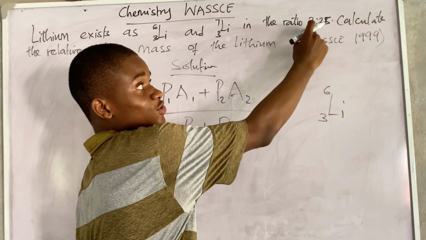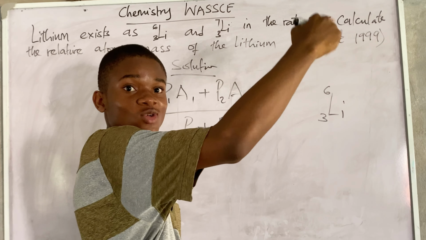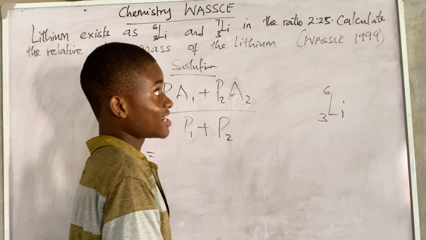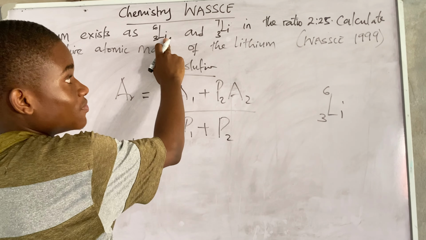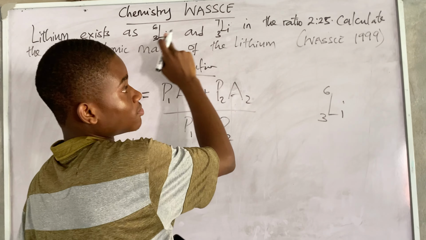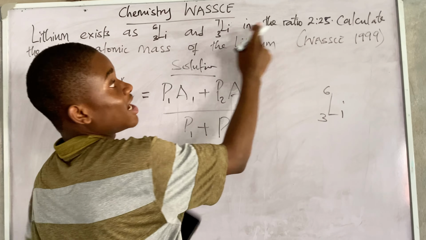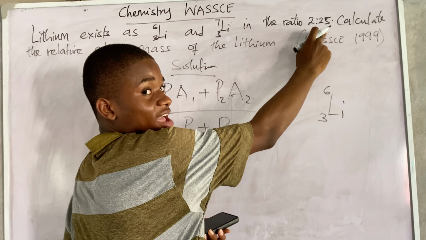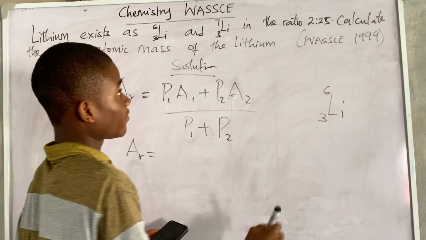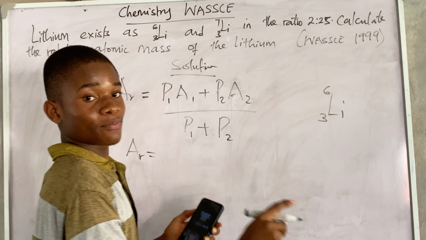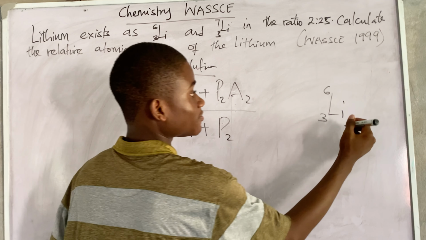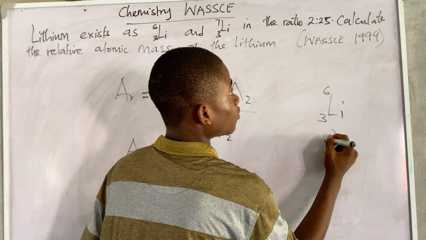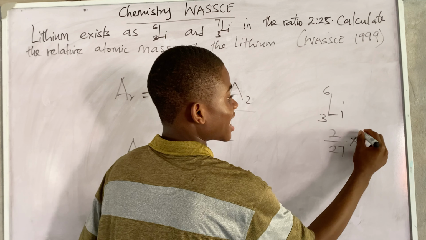Okay? Now we can convert the ratio to percentage. Now the total ratio is 2 plus 25, which is 27, right? So for lithium, the first lithium has 2 and the second lithium has 25. All right? So for this, the percentage abundance is 2/27 times 100.